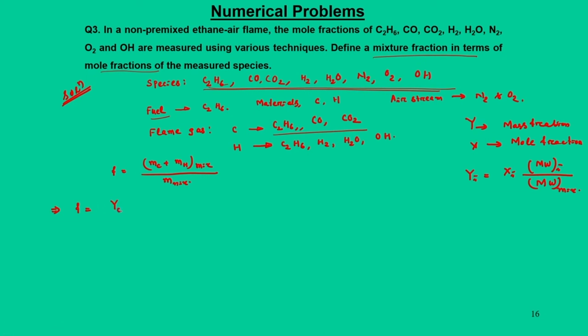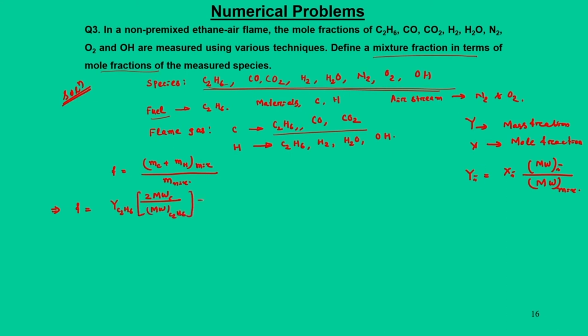So we write Y C2H6. When you say C2H6, there are 2 moles of carbon. So we write 2 times molecular weight of carbon divided by molecular weight of C2H6.